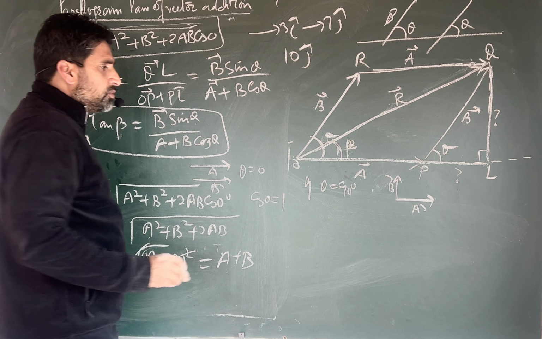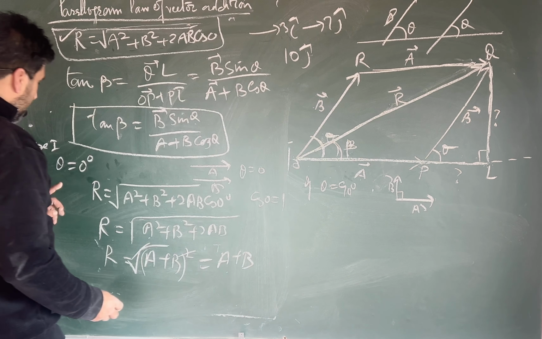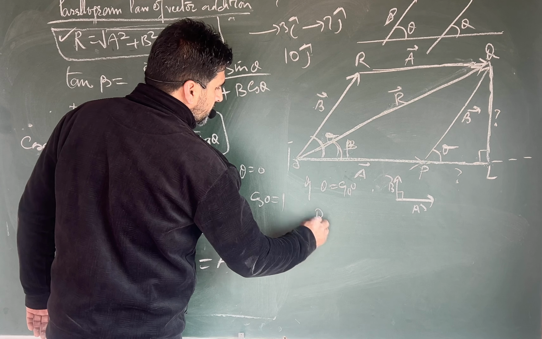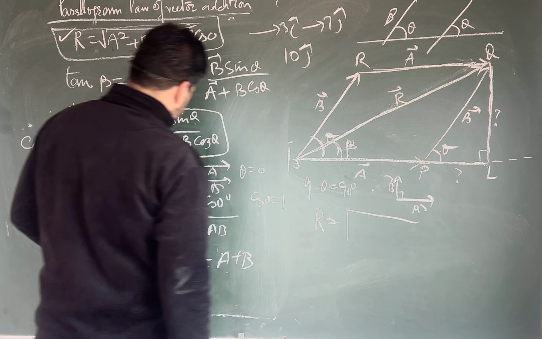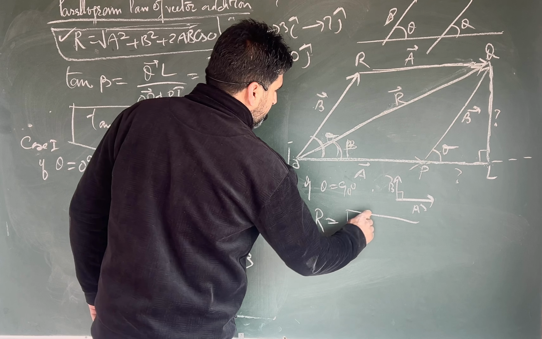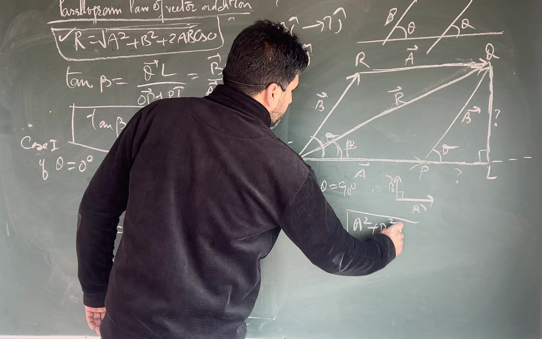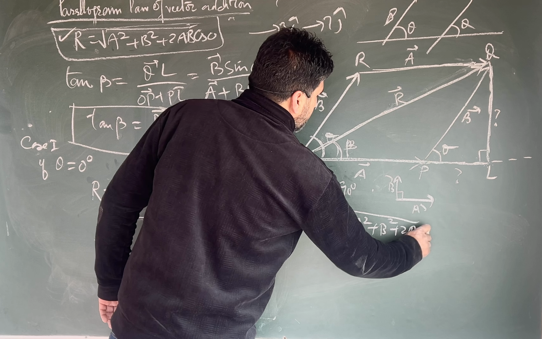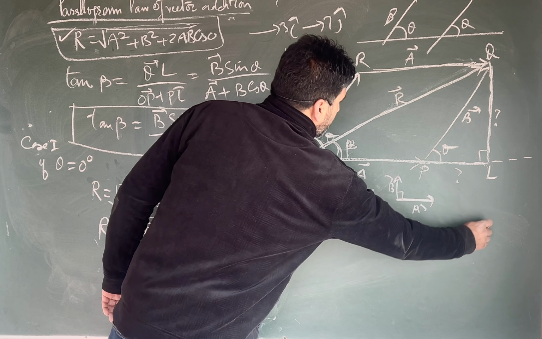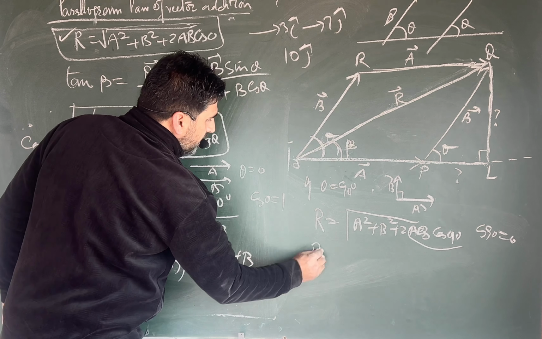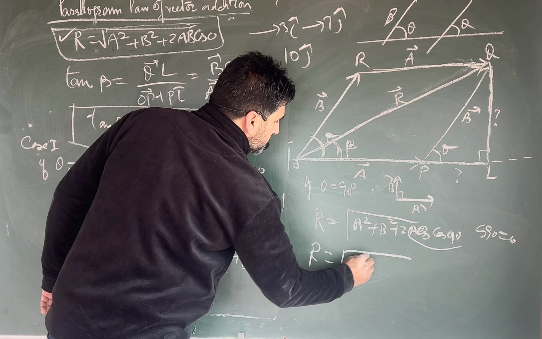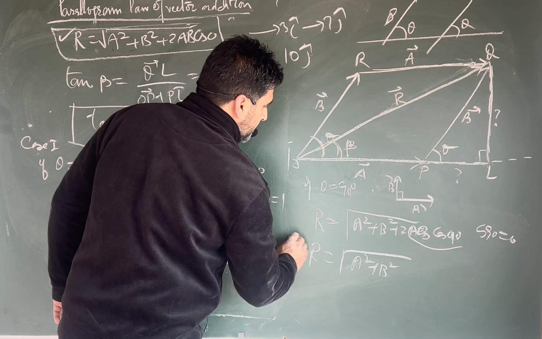For two perpendicular vectors, when theta is 90, R will be equal to under root of A square plus B square plus 2AB cos 90. And cos 90 is 0, so this portion will become 0. You get R is equal to under root of A square plus B square.